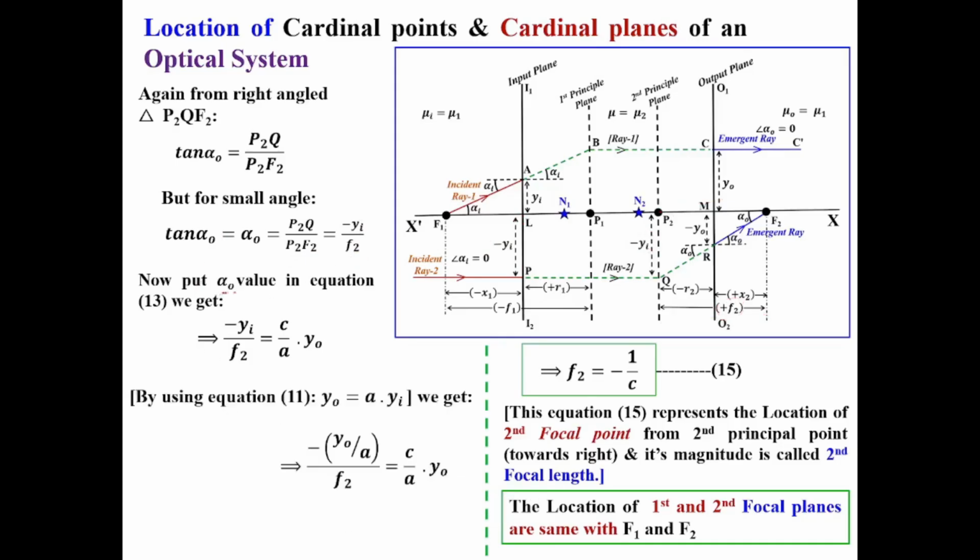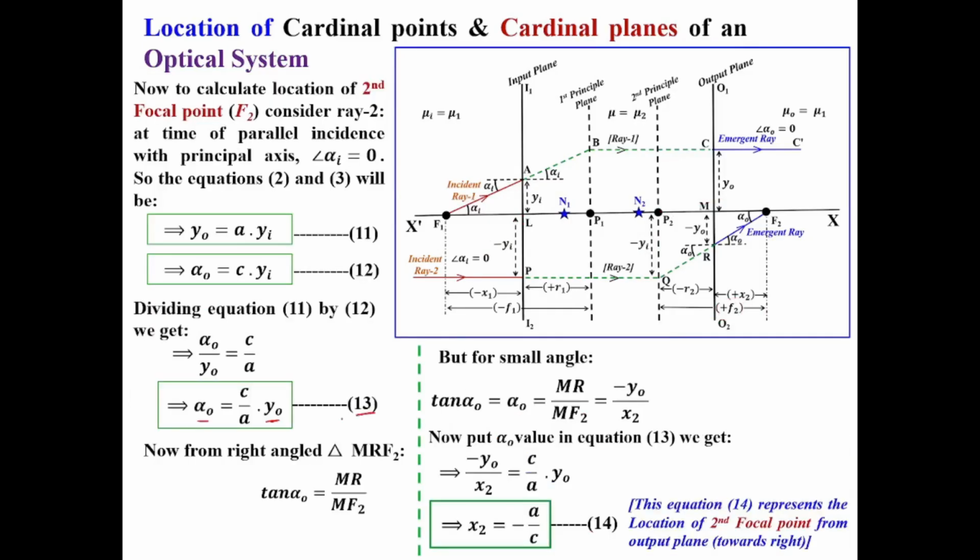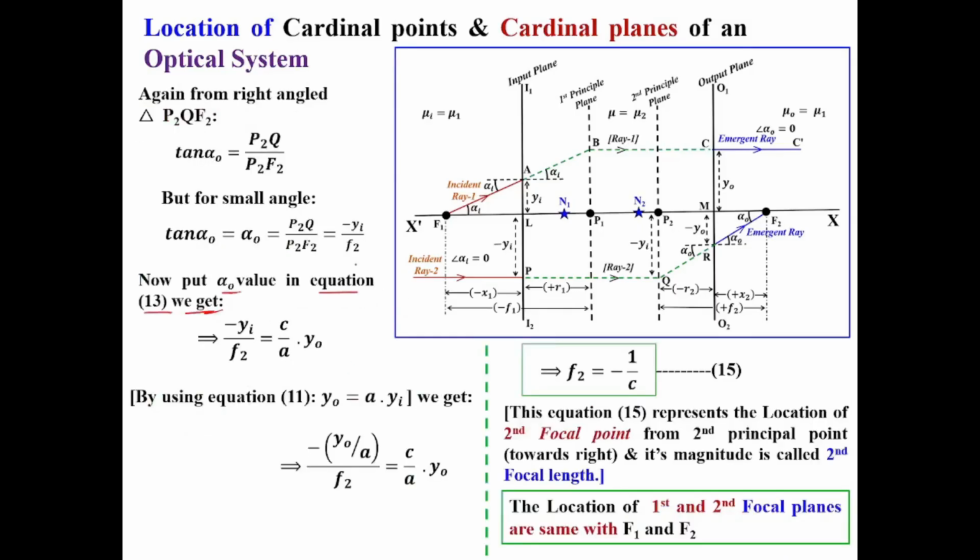Now put the alpha O value in equation number 13. In our previous slide, equation number 13 is alpha O equal to C by A into YO. Instead of alpha O, we have to substitute this value, minus yi by F2.